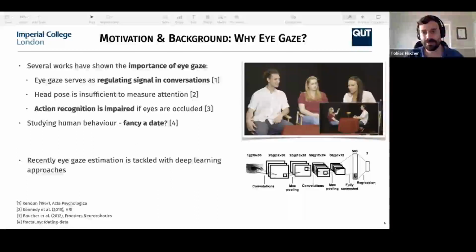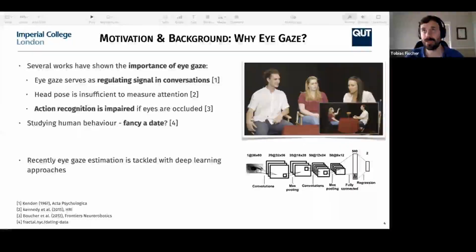And as with many other applications in computer vision, eye gaze estimation has recently been tackled with deep learning approaches. I hope most people are familiar with deep learning. It's a machine learning technique where, given an input image, you train the weights of a network, and the output in this particular case is the angle of the eyes.